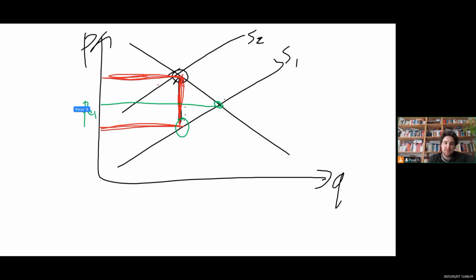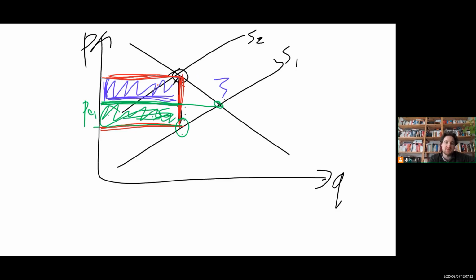So this is the amount that we can think of the producer as giving up to the government, because it's the difference between the price that they were getting before and the price that they are actually getting now, which is down at this smaller level, times the amount of product that's still being sold. And for the consumer, they're having to pay this higher price. The price has gone up by this amount for the consumer. This is the gap here. And they're buying this quantity still.